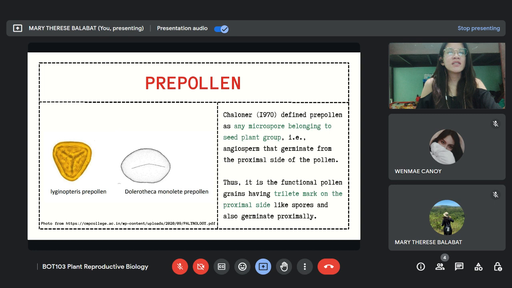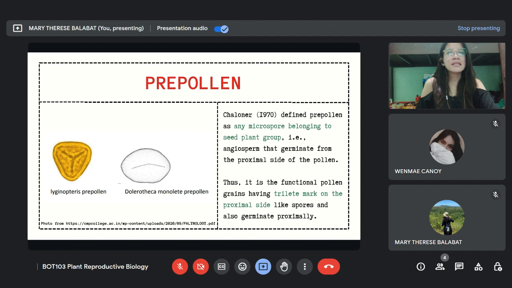So the earliest prepollen grains were not at all morphologically different from the spores. In contrast, the modern pollen has an aperture on the distal side, that's why it has distal germination. So these prepollen are an important intermediate evolutionary stage.